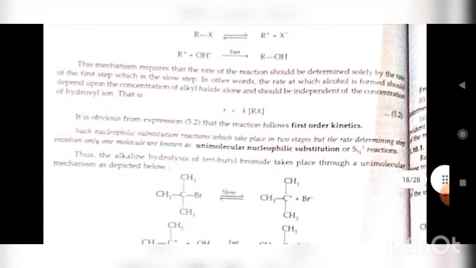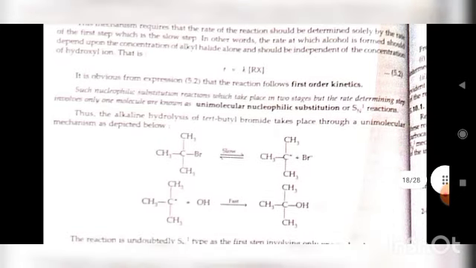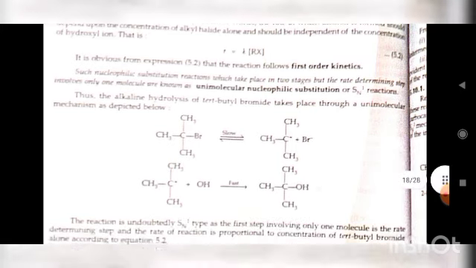Such nucleophilic substitution reactions, which take place in two stages but where the rate determining step involves only one molecule, are known as unimolecular nucleophilic substitution reactions. Thus, the alkaline hydrolysis of tertiary butyl bromide takes place through a unimolecular mechanism as depicted below.